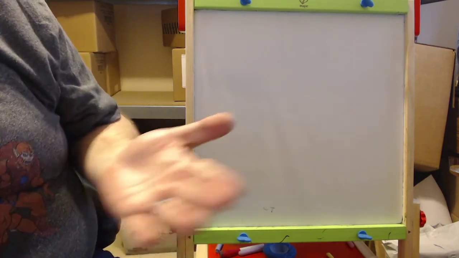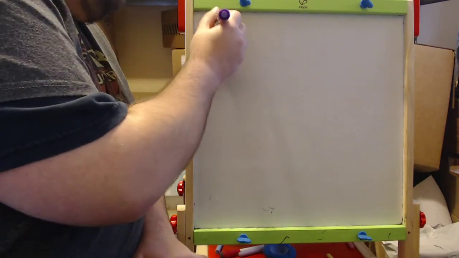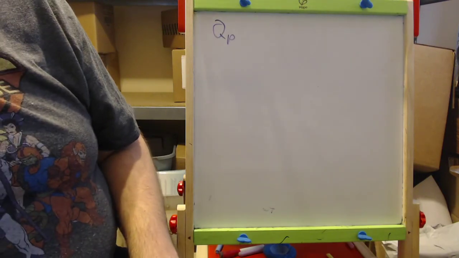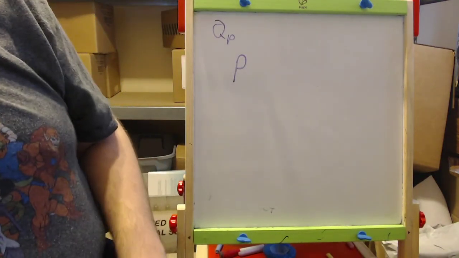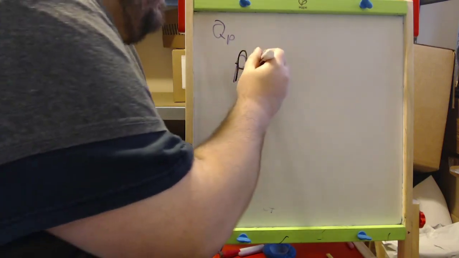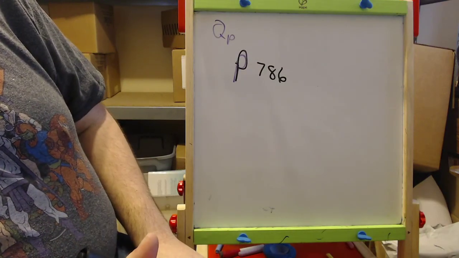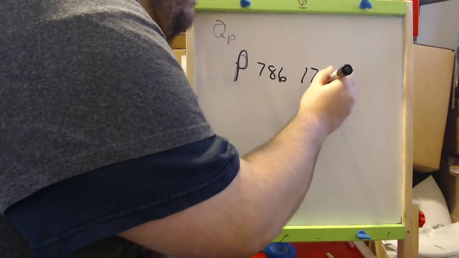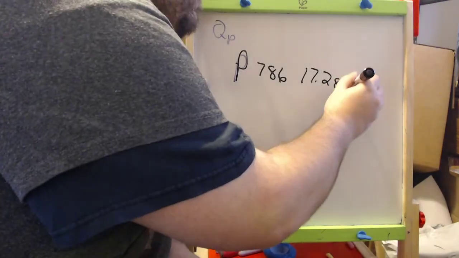You treat Kp just like you treat Kc, and just like you treat Qc. If you want to say there's a Qp, there technically is. So we're going to look at page 786, problems 17.28 to 17.38.